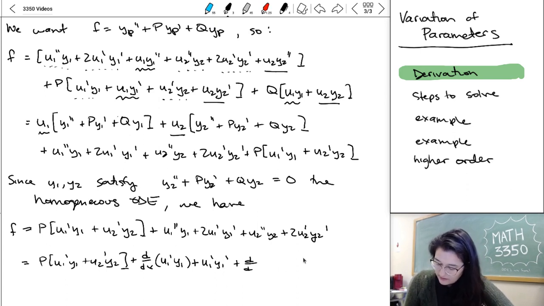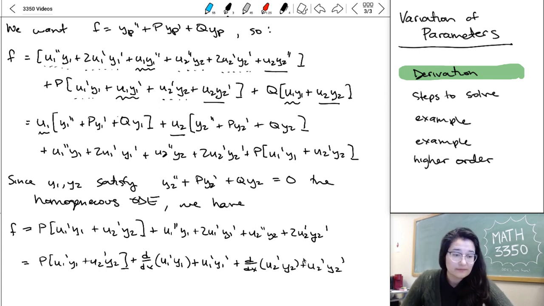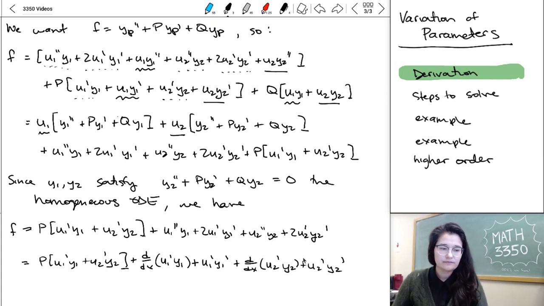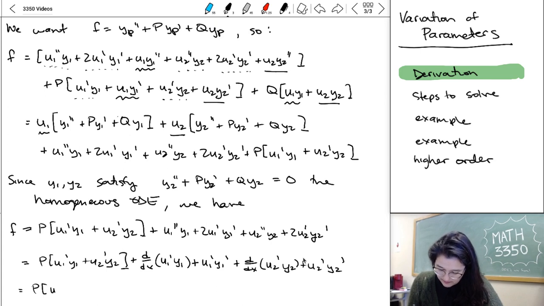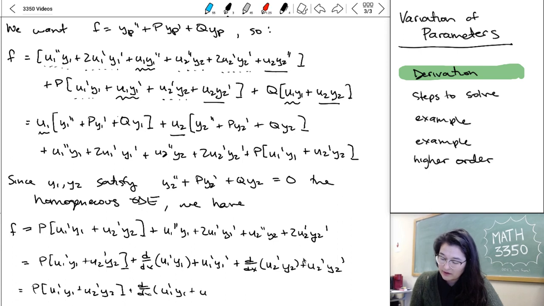And since the u1, u2 terms are exactly the same, I'm going to be able to do the same with this second term. Same reasoning makes it work. So then, because derivatives are linear, this is the derivative of u1 prime y1 plus u2 prime y2.